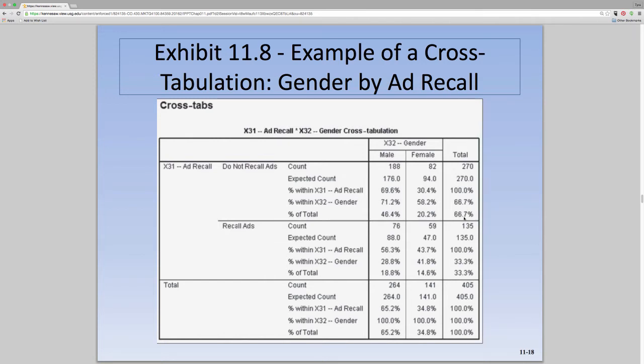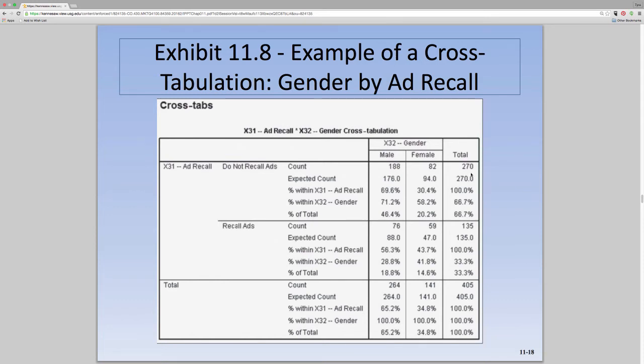That means that about 2/3, or 66.7% of the sample of 405 people, did not recall the ad. And 33.3% of the people who responded did recall the ad. Now that's total, no gender taken into consideration. These two columns break that down into gender.